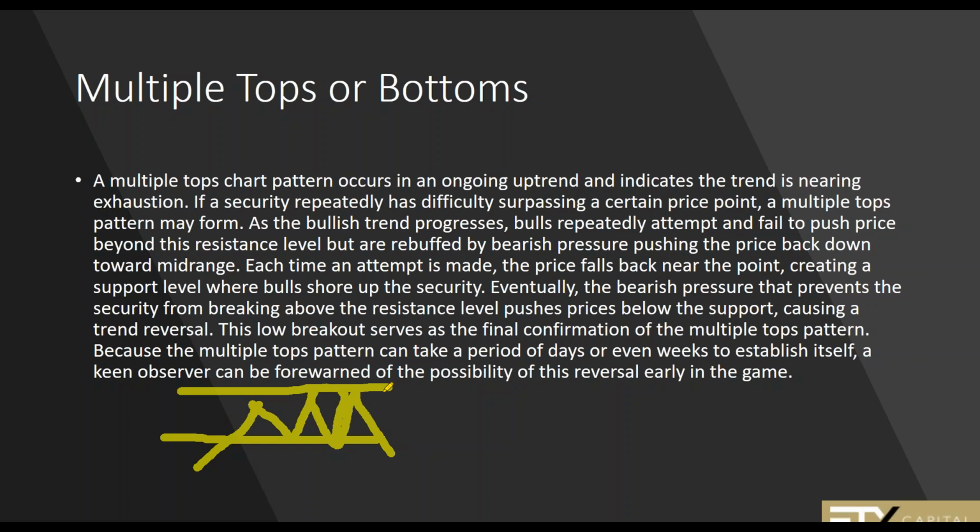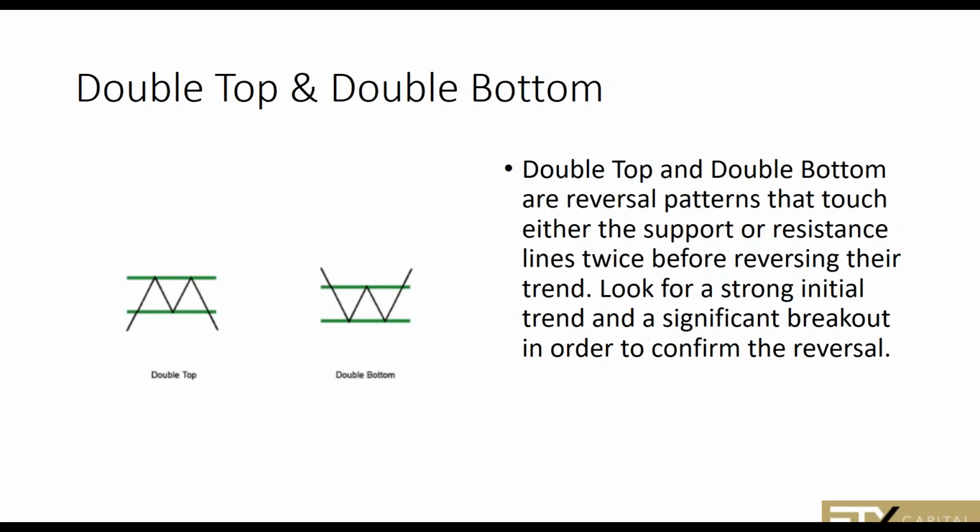Eventually, the bearish pressure that prevents the security from breaking above the resistance level pushes prices below the support, causing a trend reversal. Again, a double top or double bottom happens often. It's an indication. A triple top or triple bottom happens less frequently.